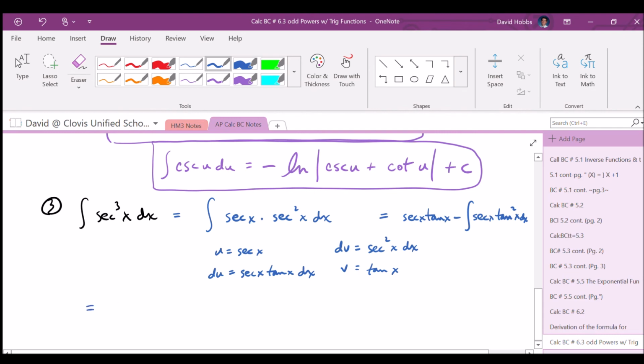Now I've got to bring along the secant x tangent x minus, and at this point I am going to substitute for tangent squared. So I have secant x times, tangent squared would be secant squared x minus 1.